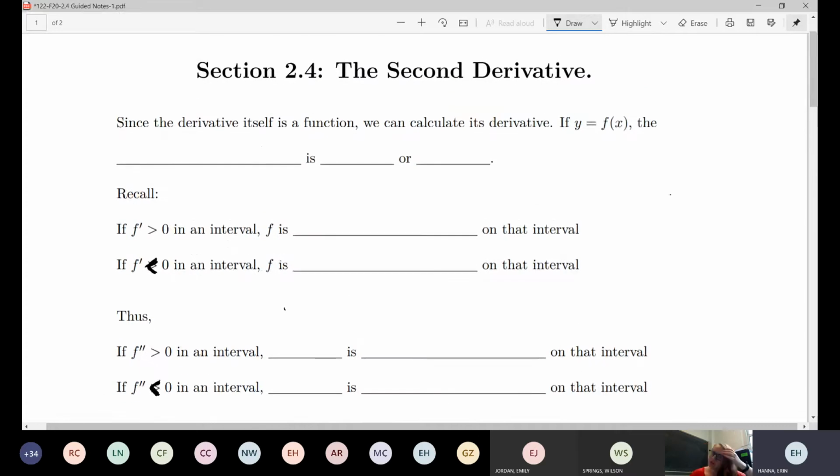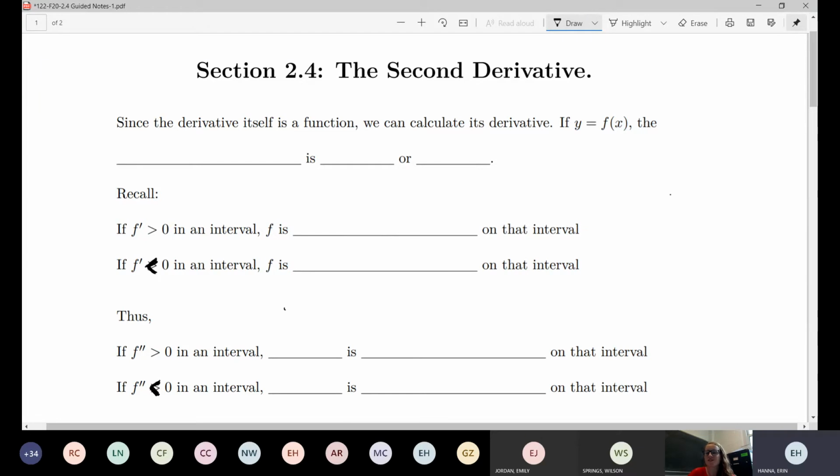So 2.4 is called the second derivative. Since the derivative is itself a function, we learned that in 2.2, where we had that really awkward Desmos that I had to keep switching back and forth between. So we defined the derivative function in that section. If the derivative is a function, we can also calculate its derivative.